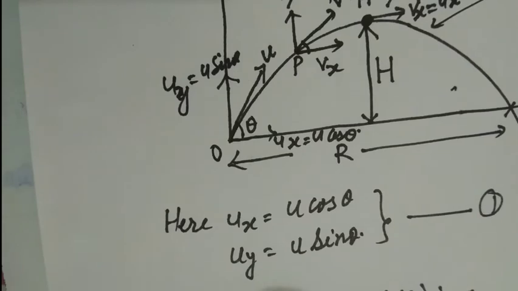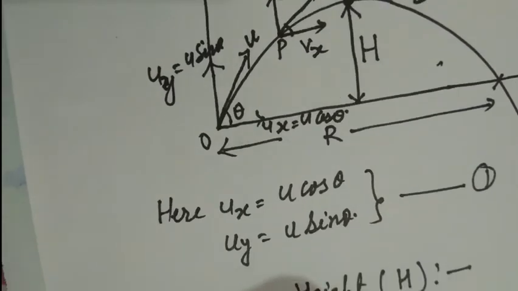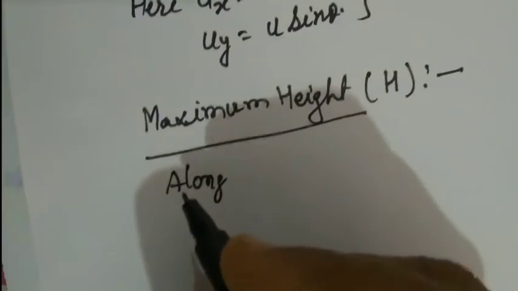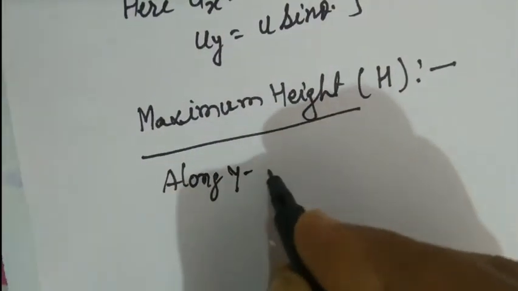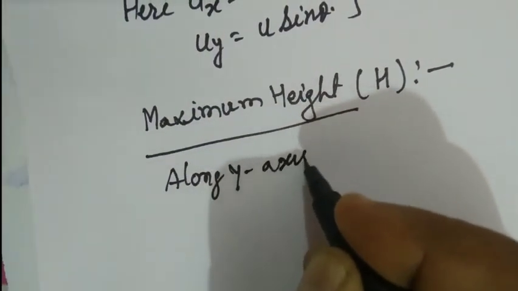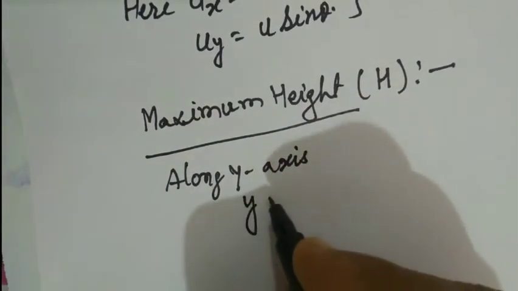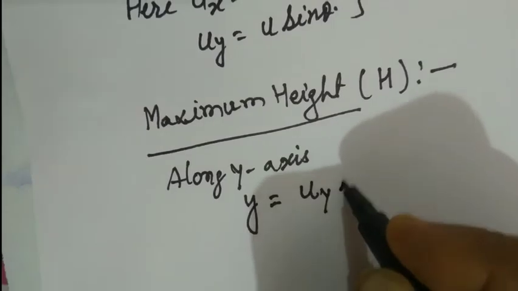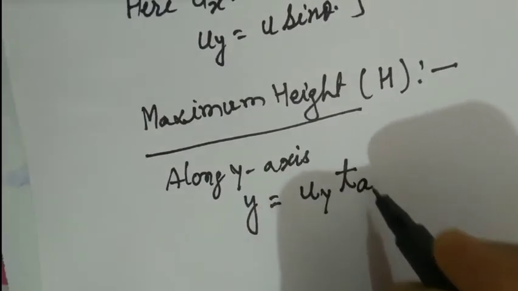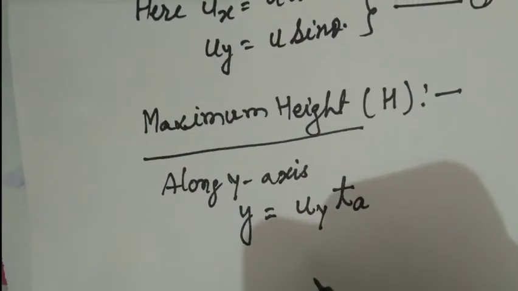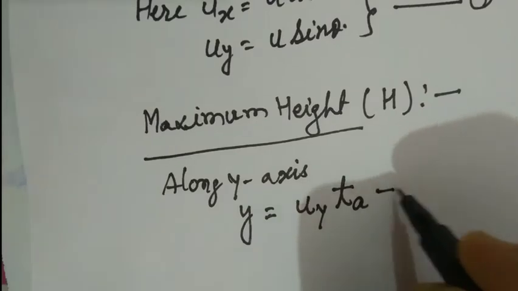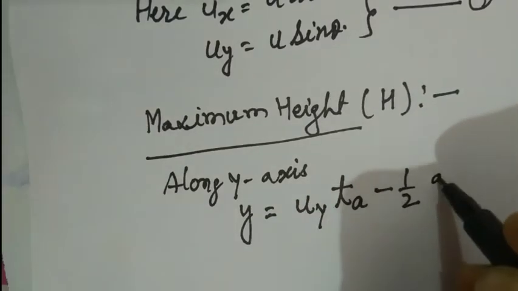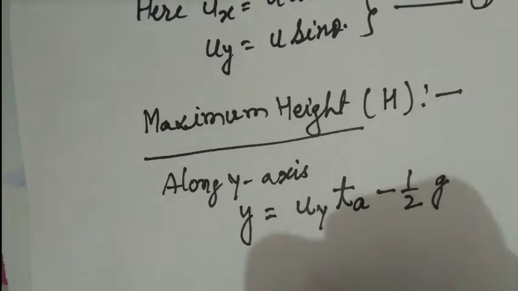So now the formula we can use first of all along the y-axis: y is equal to uy ta minus half g ta square, where ta is the time of ascent, against the force of gravity.